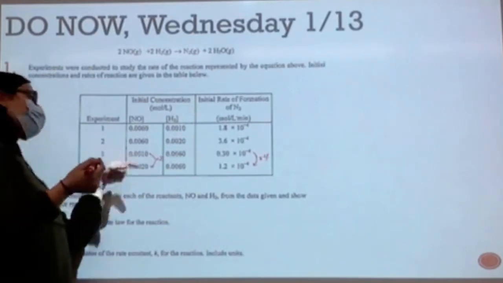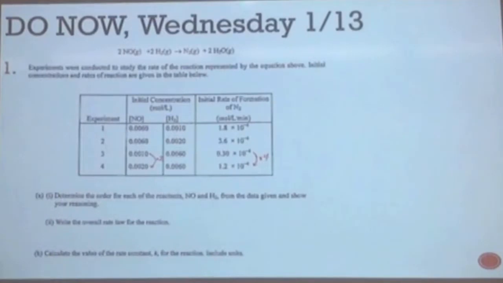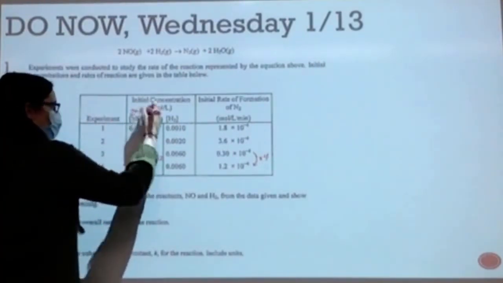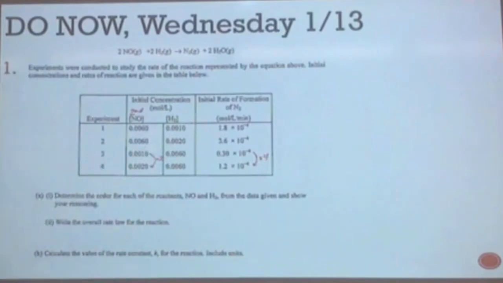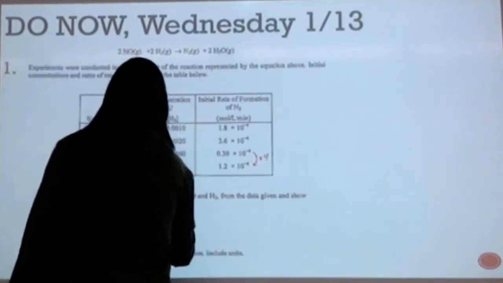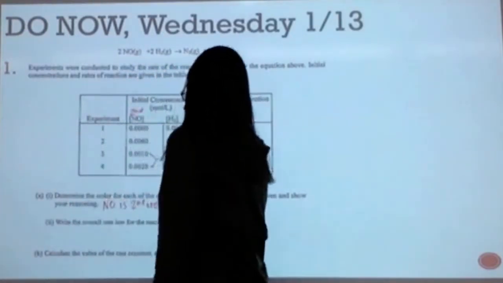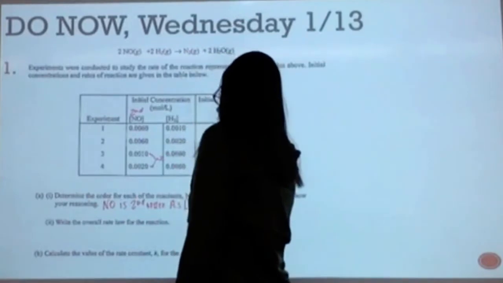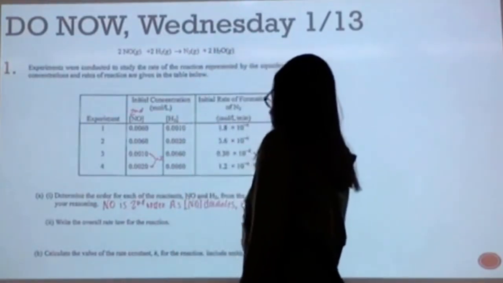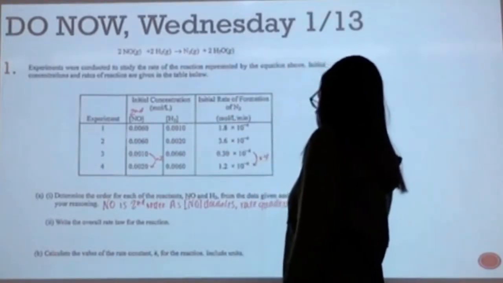So if we multiply the concentration by 2 and the rate quadruples, that makes NO second order. So determine the order. So I'll just say down here, NO is second order. As concentration of NO doubles, rate quadruples.